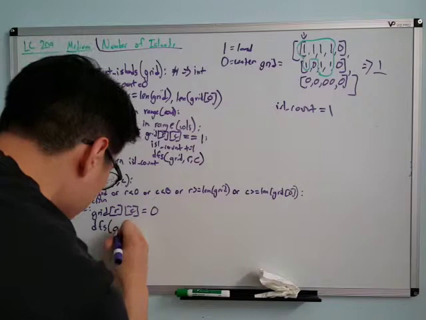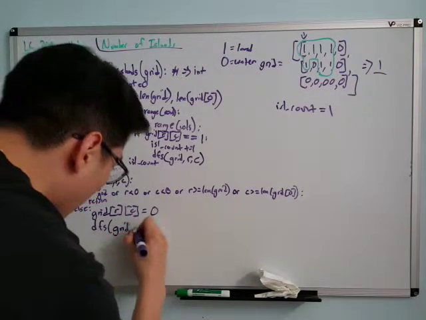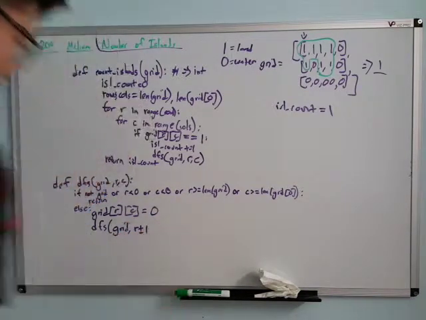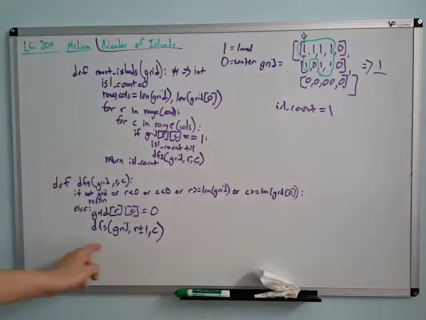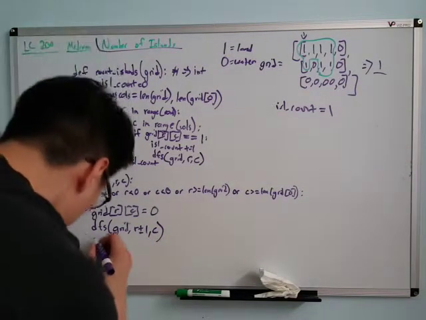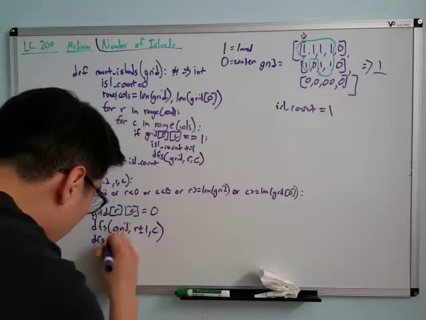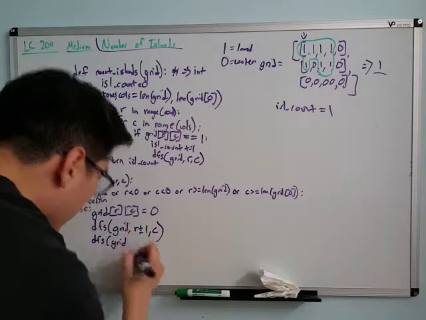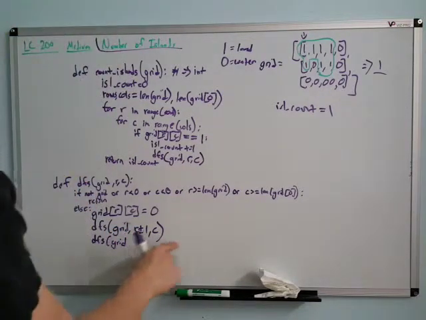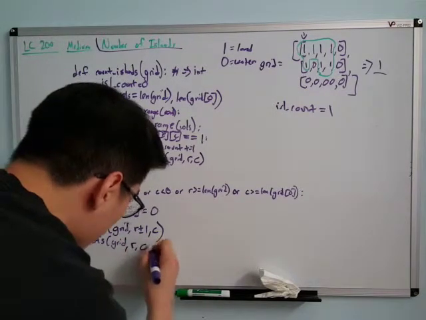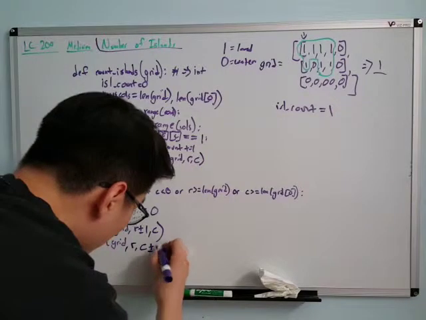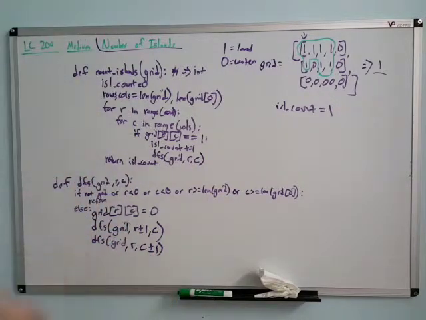So it's DFS grid R plus minus 1, and then C. Right, so there should be 2 lines here: grid R plus 1 C, grid R minus 1 C. And we're not going diagonal, so we'll call it again for C plus minus 1. We just do each of them individually. So these should be 4 lines total, recursively.